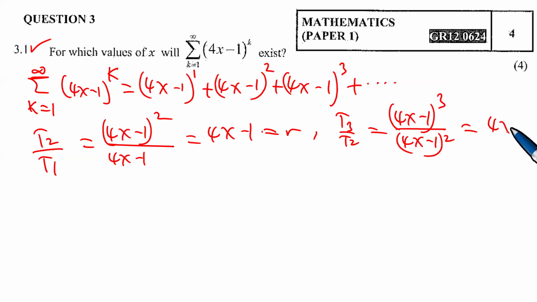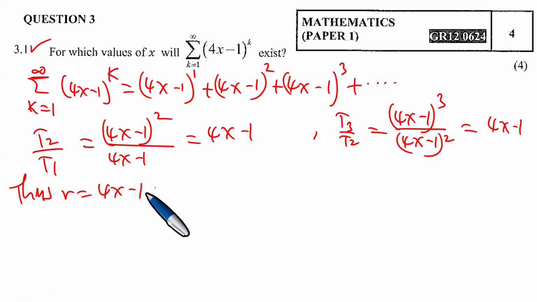Dividing these would therefore be 4x minus 1. At this point, we can conclude that the constant ratio is exactly 4x minus 1.